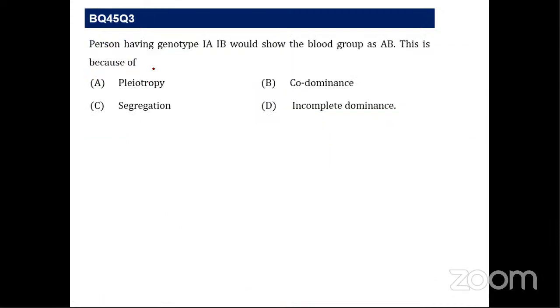Next, a person having genotype IAIB would show the blood group as AB. This is because, what is the reason for this?